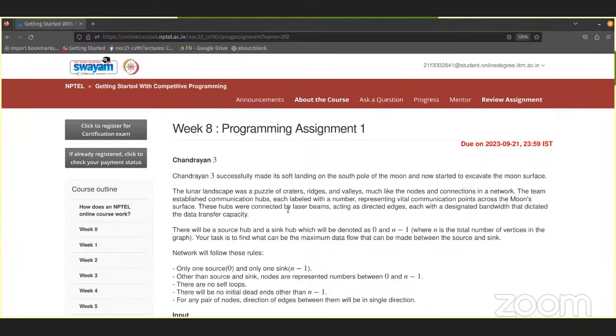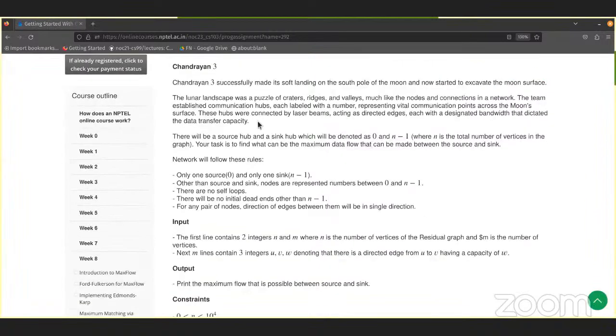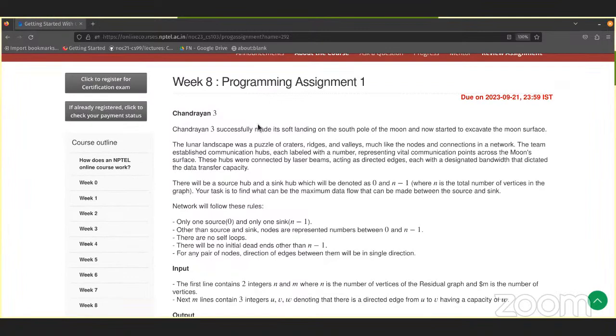These hubs were connected by laser beams acting as directed edges, each with a designated bandwidth that dictated the data transfer capacity. So basically, we have some hubs in the lunar space, connected by laser beams, and our task is to transfer the message from the source to the sink.